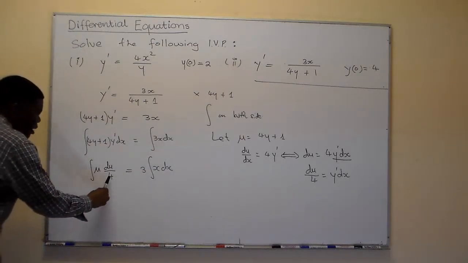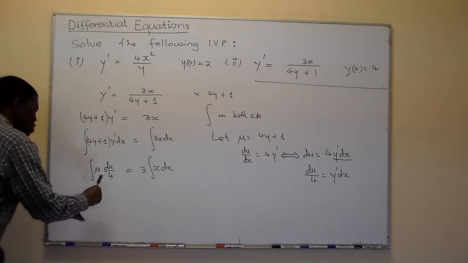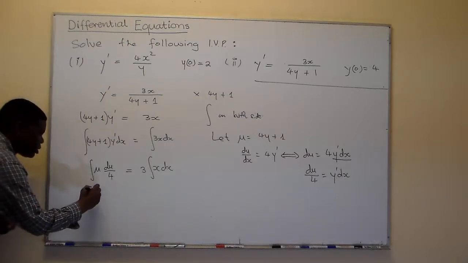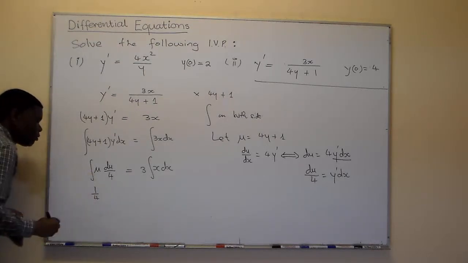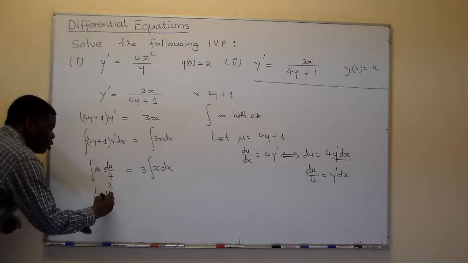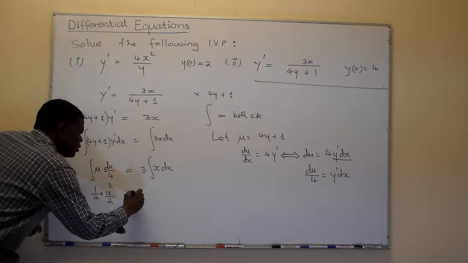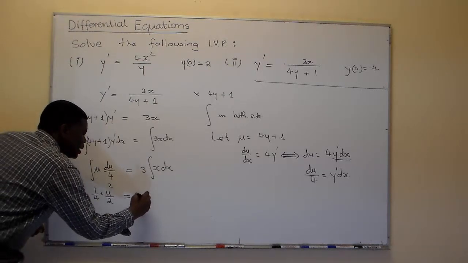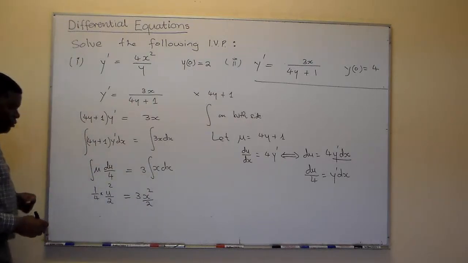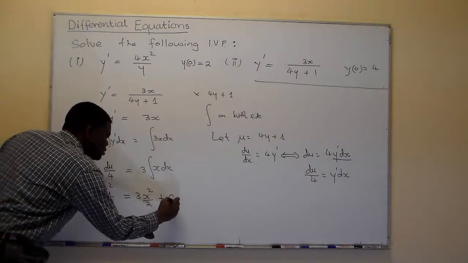Now we can pull 1/4 outside the integral sign, then integrate u using our power rule. Then we have 1 over 4 multiplied by u squared over 2 equals 3 multiplied by x squared over 2 plus c.